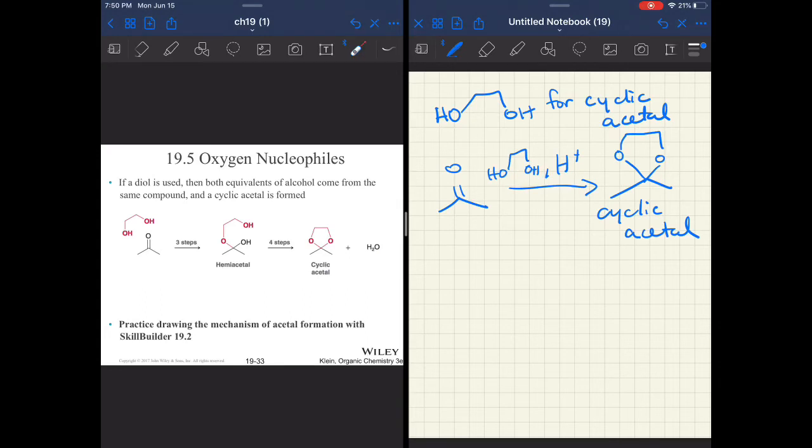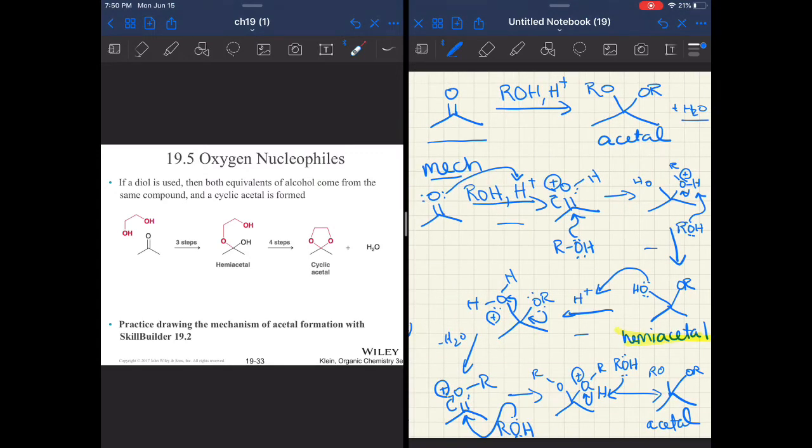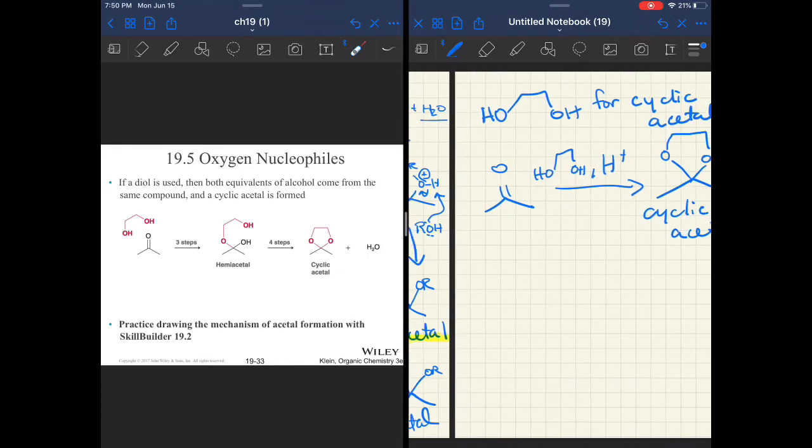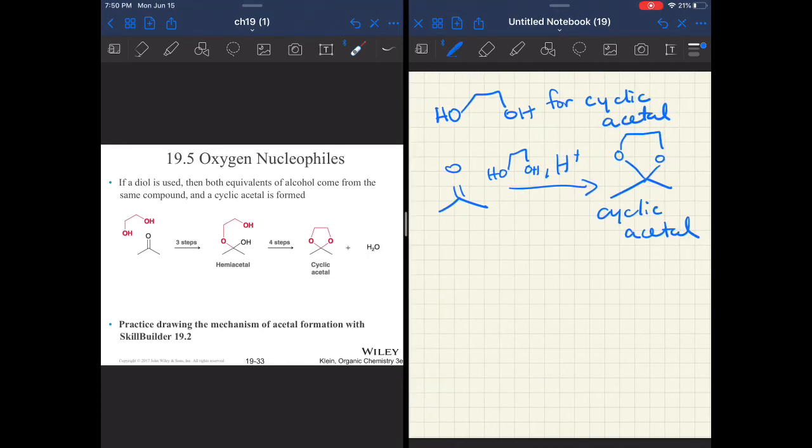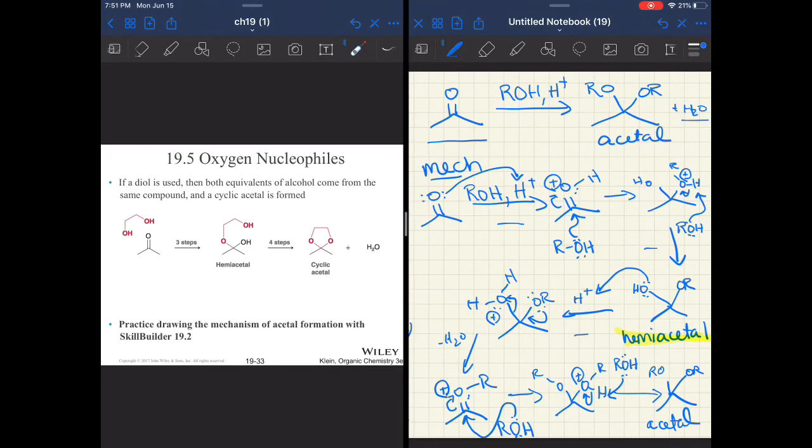I am not going to go through this mechanism because I just went through it. I would recommend to you to practice that last mechanism with this problem.